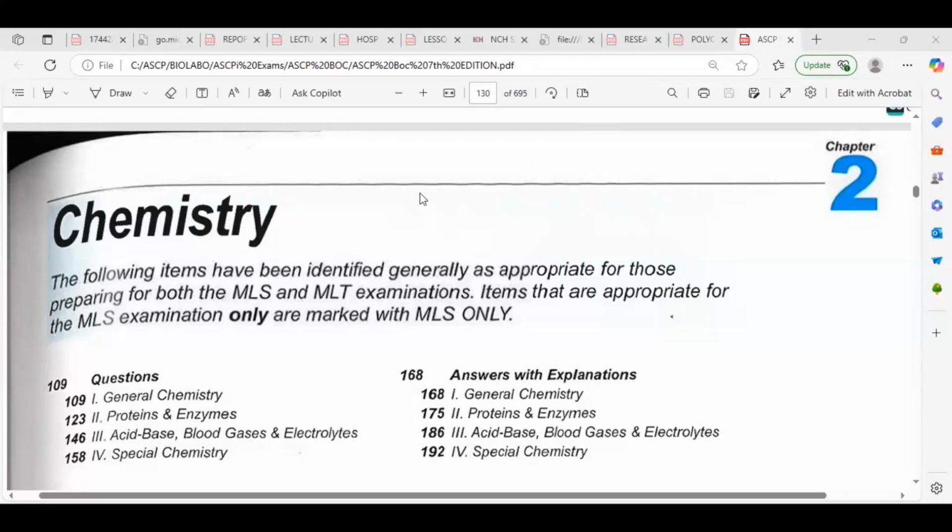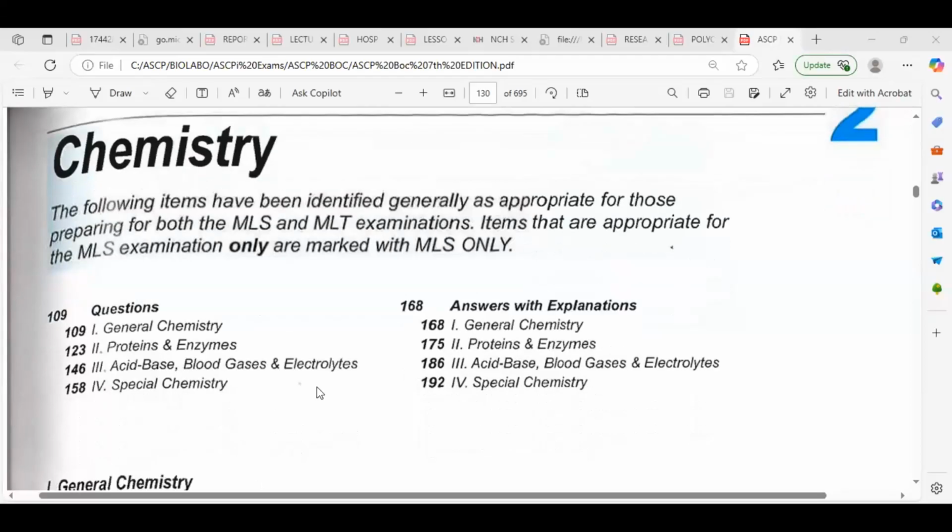Okay, so clinical chemistry, this is how it is. It is composed of four major areas.